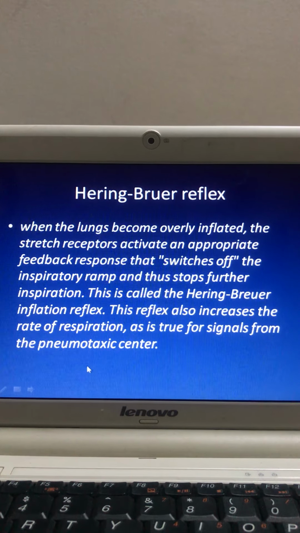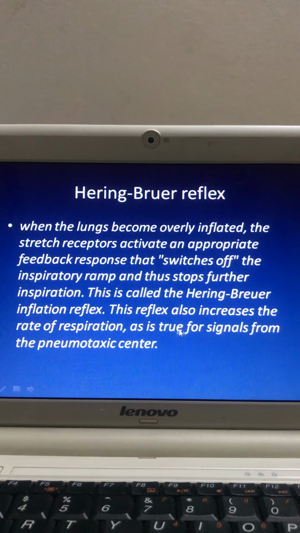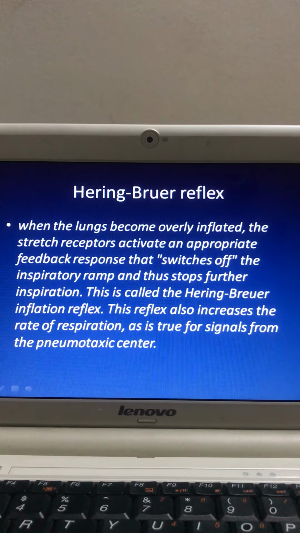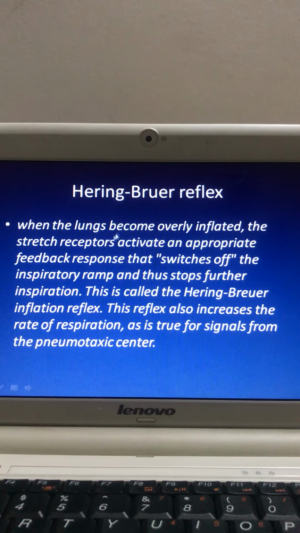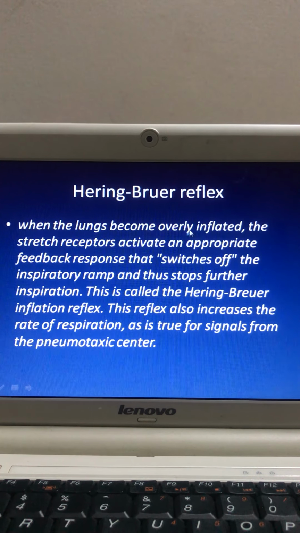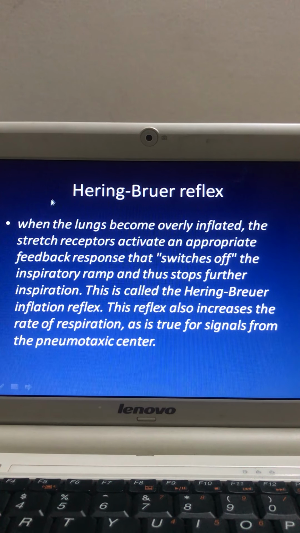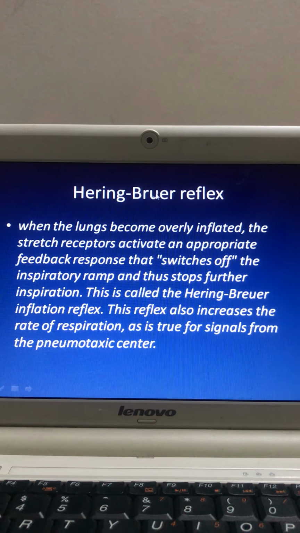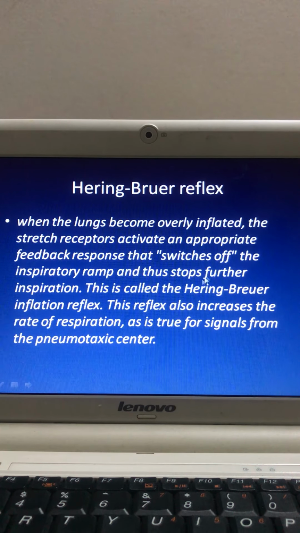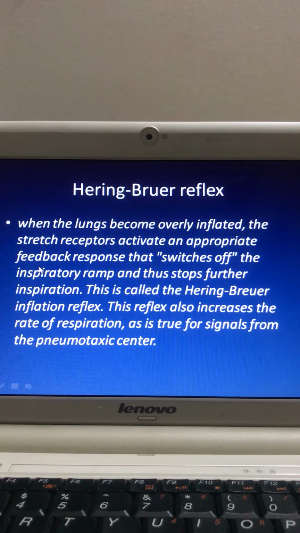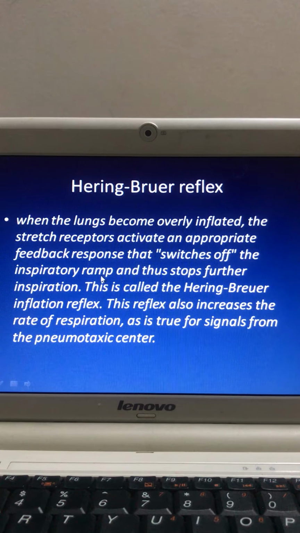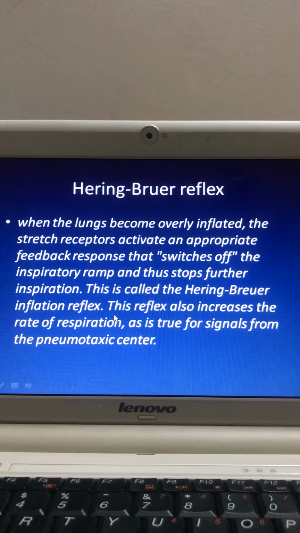This reflex also increases the rate of respiration, as is true for signals from the pneumotaxic center. That means in the Hering-Breuer reflex, when there is overinflation, that is, increased volume of the lungs with hyperventilation, the receptors in the lungs limit the inspiration and stop it.